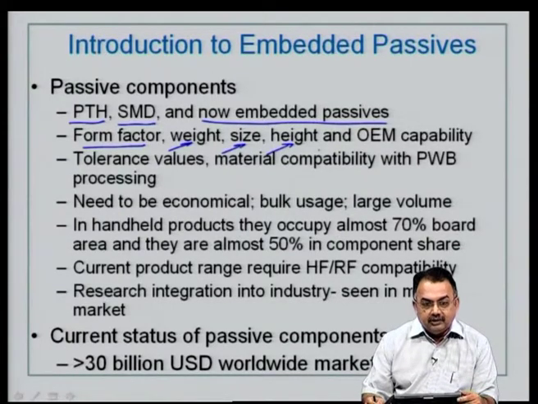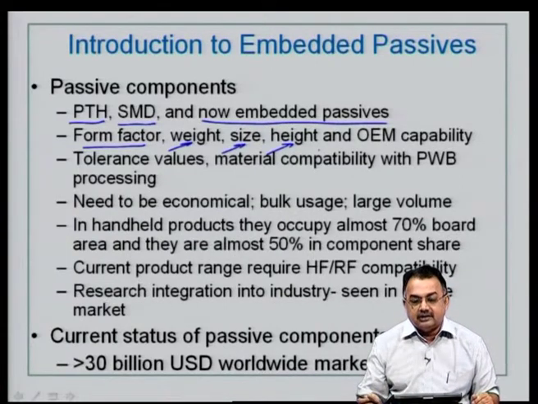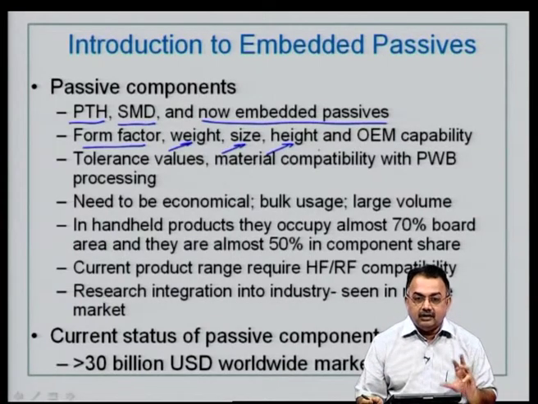As a passive component usage, we are worried about its value, we are worried about the tolerance that is marked for the passive component during its manufacturing, and the material compatibility with PWB processing. Because as we have seen in the case of surface mount devices, there has been a shrinkage of the devices in terms of size and form factor, and we have seen alternatives in the assembly process.